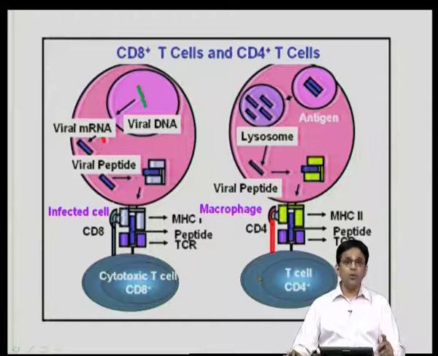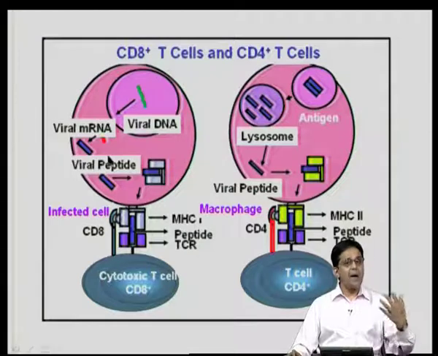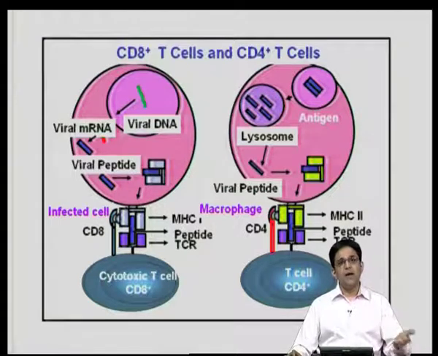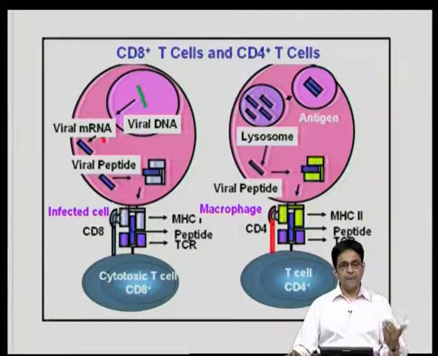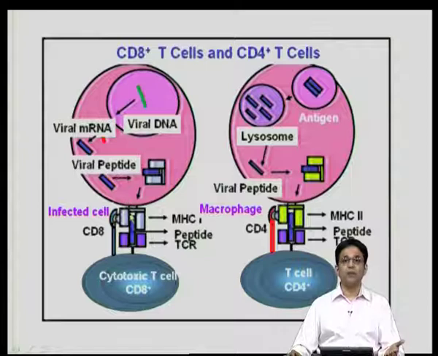But what is important to note is that in the class 1 response, the CD8 positive response, you have viral DNA, it is made into mRNA, and this mRNA is translated into viral proteins in the cytosol, and a part of these are then broken down and transported into the ER, where they get loaded on MHC class 1, and then they are shown over here.